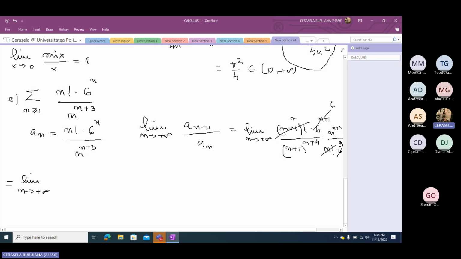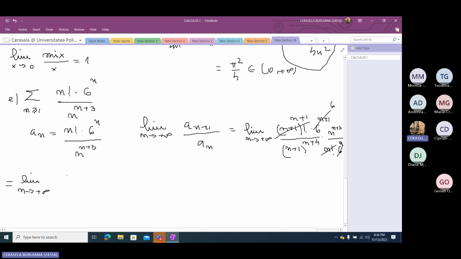We remain with n plus 1. So till now, I get 6 times (n plus 1) times n power n plus 3, n plus 3, everything over (n plus 1) power n plus 4.